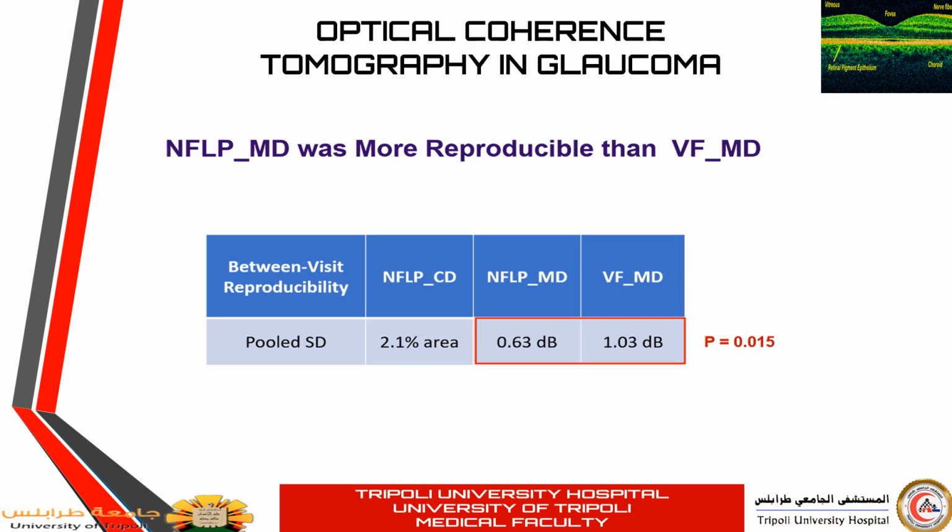If you do the test now for the patient and you repeat it after 2 to 3 days, the difference between the two visits will be minimal. So it is more reproducible, unlike the standard visual field. This makes the simulated visual field very useful in following up the progression of glaucoma.